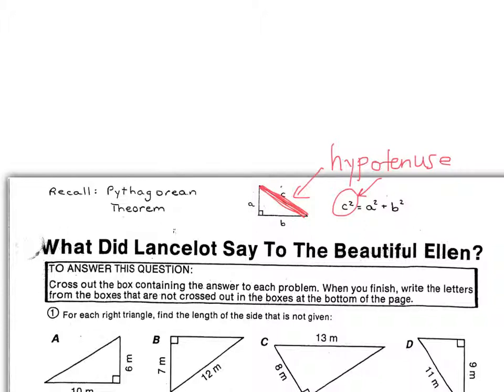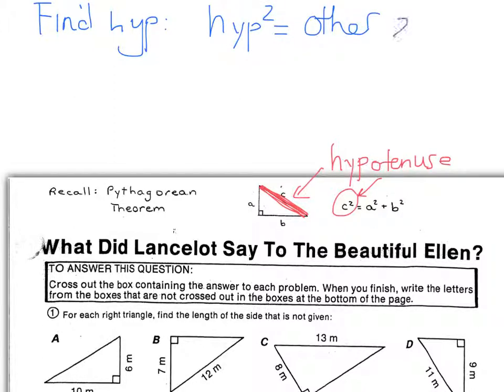So if you're trying to find the hypotenuse, then you're going to square the other two sides and add them. So the hypotenuse squared is equal to the other two sides squared and added. Now squared does not mean times 2.